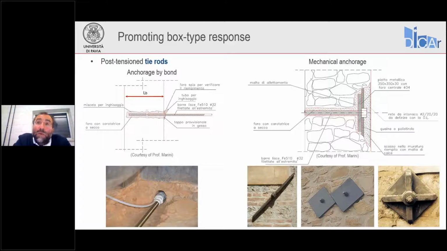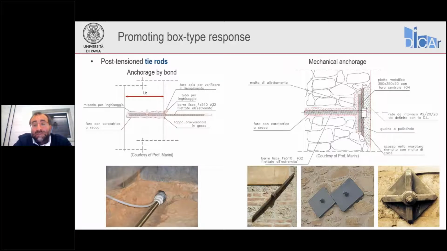However, we may have cases where we cannot provide this mechanical anchorage. For example, if there are walls not aligned, or if the wall ends in another property which is not accessible, or problems like this. And for these situations, we may need to anchor the tie rod by bond, as shown on the left-hand side of the slide.